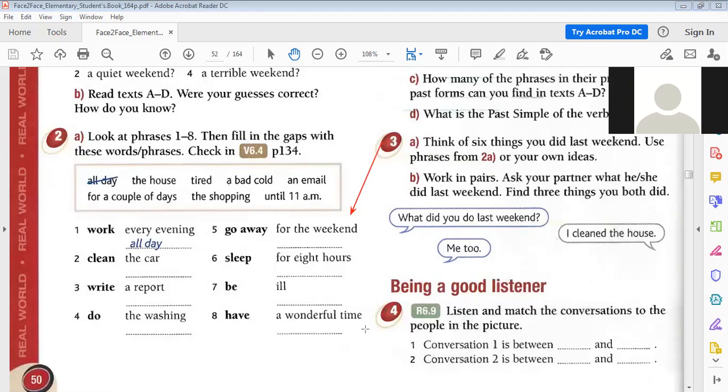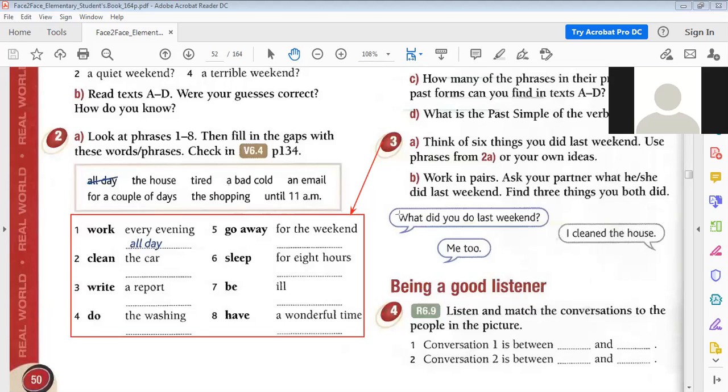Can I use my own ideas? Yes, you can. You can use your own ideas too. Okay. I went shopping and bought some clothes. Okay.